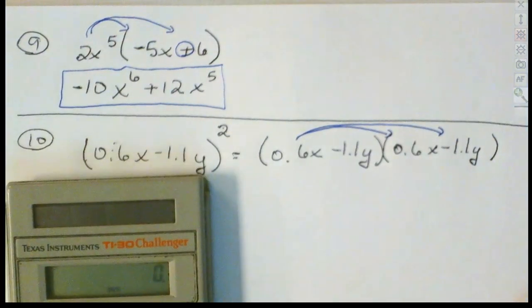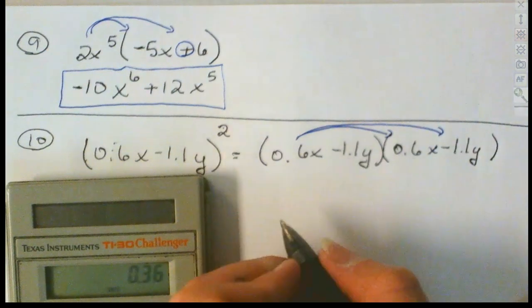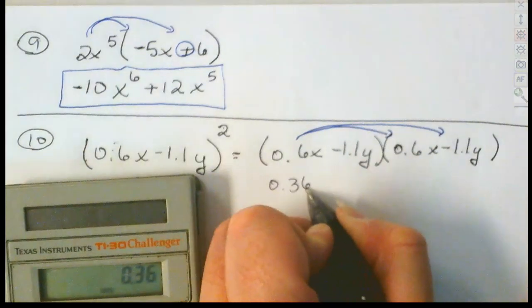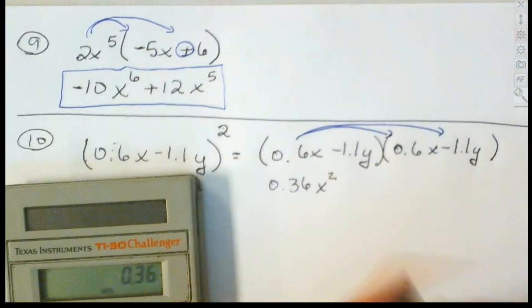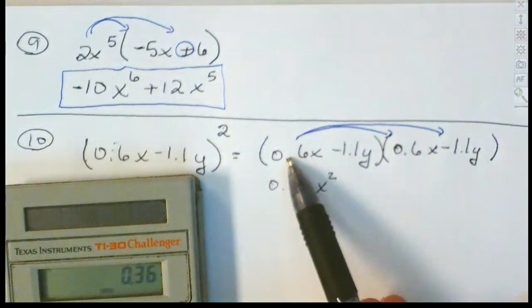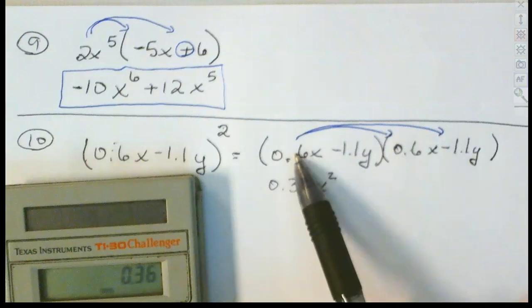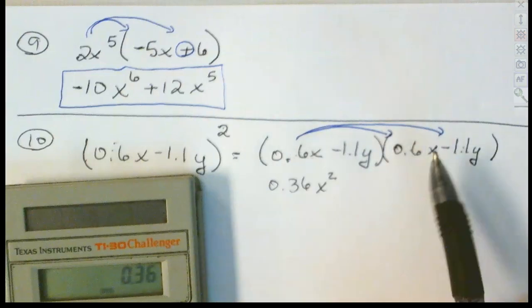Okay, for these decimals, we have 0.6 times another 0.6. That makes it 0.36. X times x makes it an x squared. First times first, okay, we did that. Outside times outside is next.